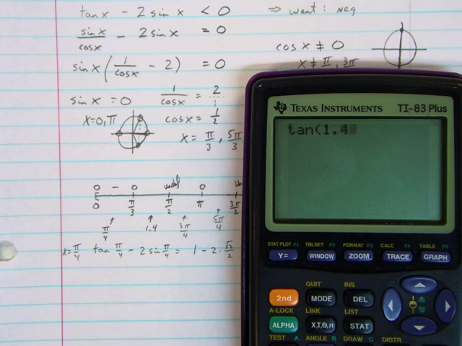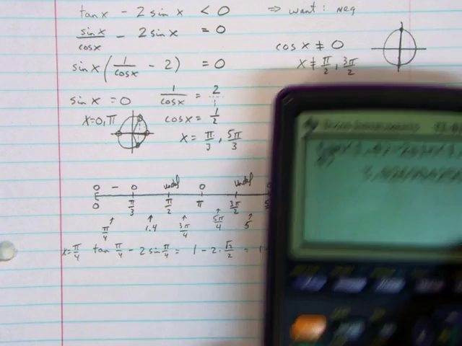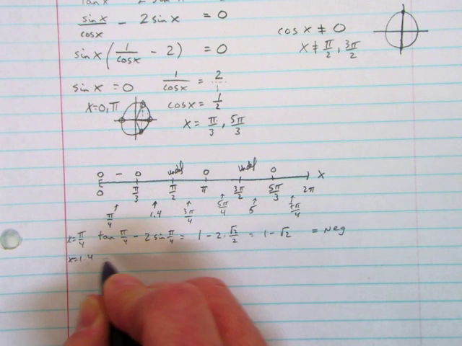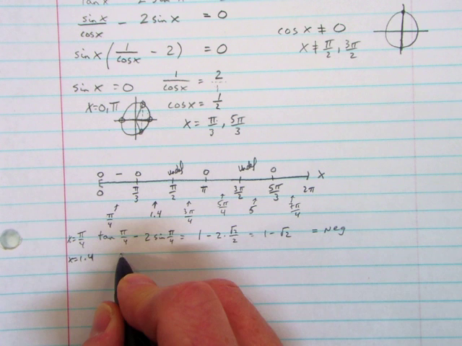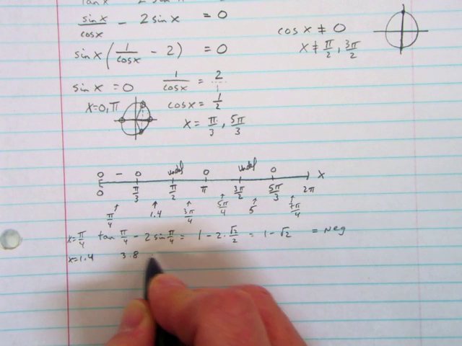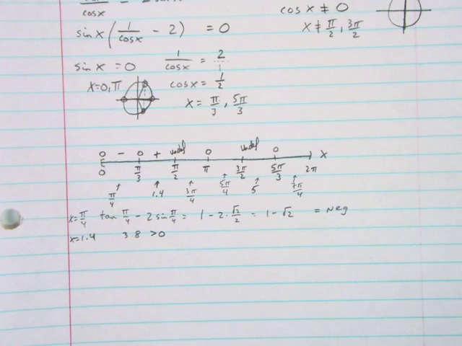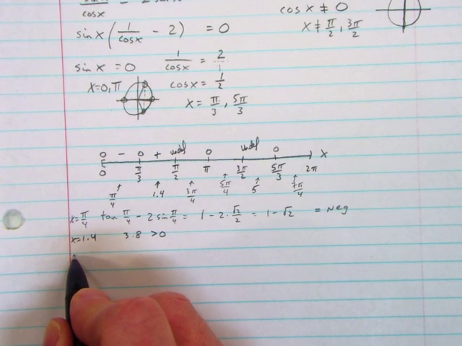Tangent of 1.4 minus 2 times the sine of 1.4, enter, and that gives us a positive. X equals 1.4, and the value we had was 3.8, and so that's greater than 0. We have a positive.